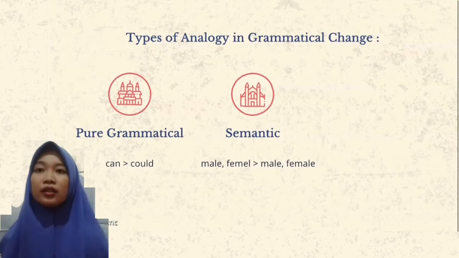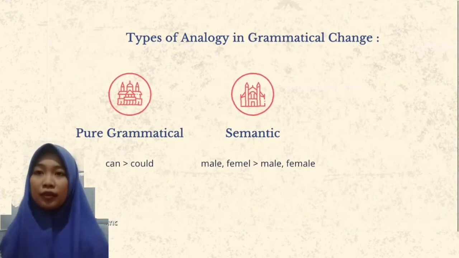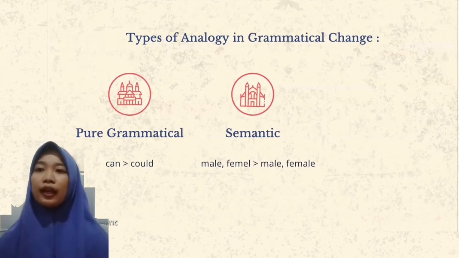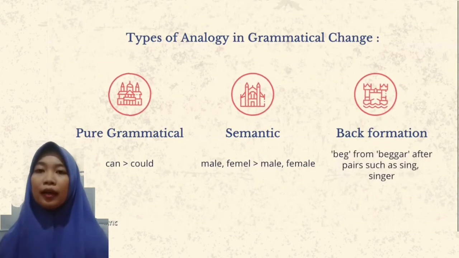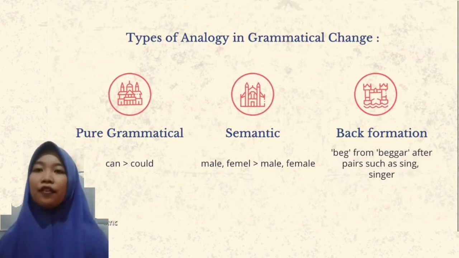English borrowed the French words masle and femelle, but because of their semantic relationship, femelle became female under the influence of male. And the last, back formation. For example, singer gives sing, after pairs such as bigger and big.